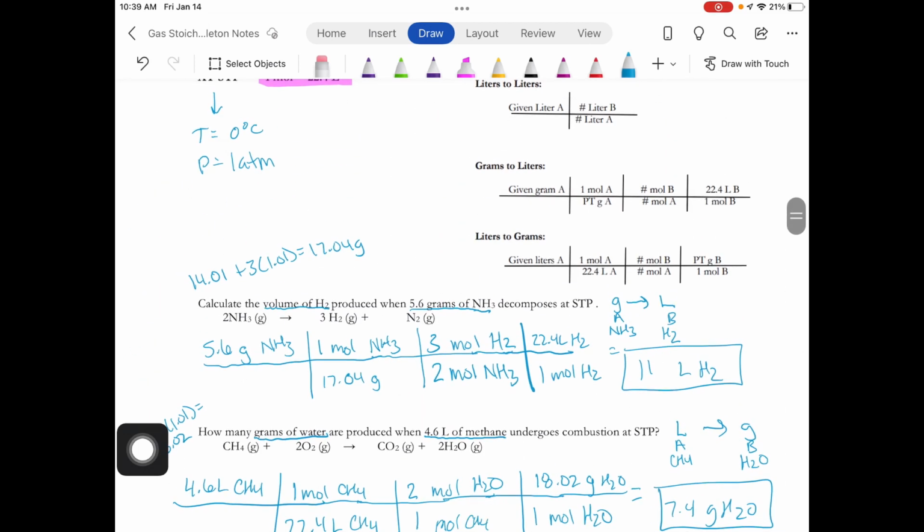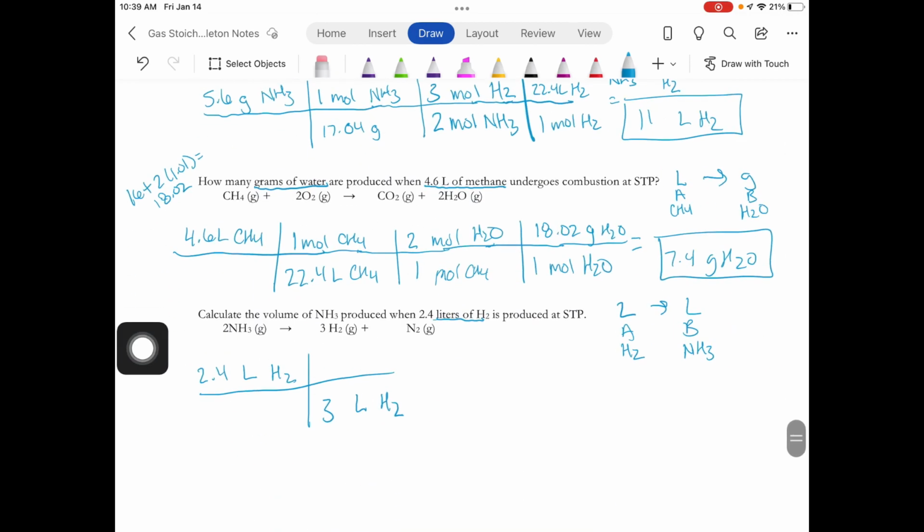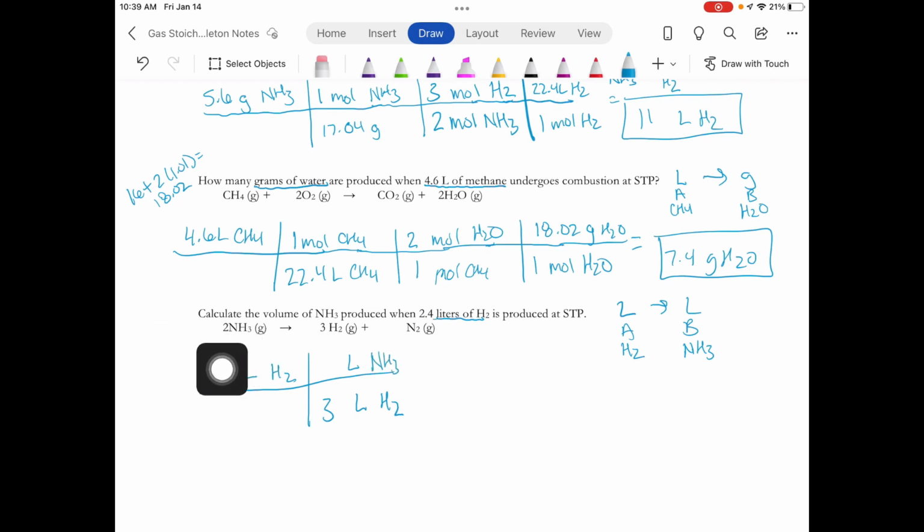Then on top, we're going to do liters of B, and also from the balanced equation. So liters of B, which is your NH3. And we have 2 of those. Then multiply everything on top and divide by everything on the bottom. So 2.4 times 2 divided by 3. Get 1.6 liters of ammonia.